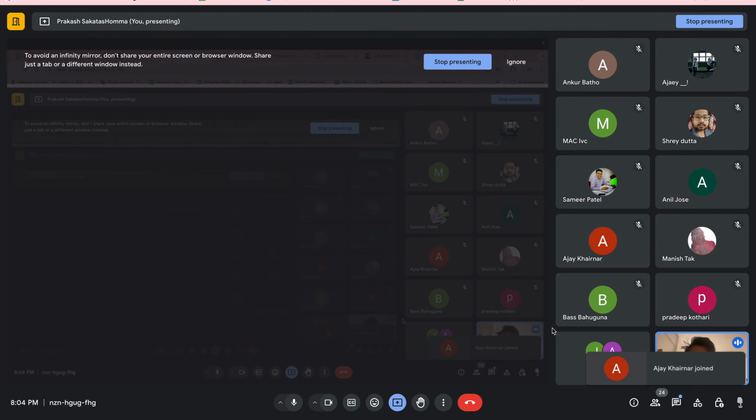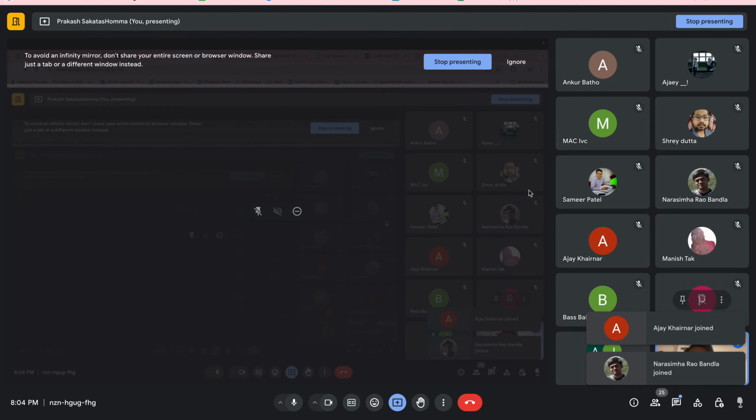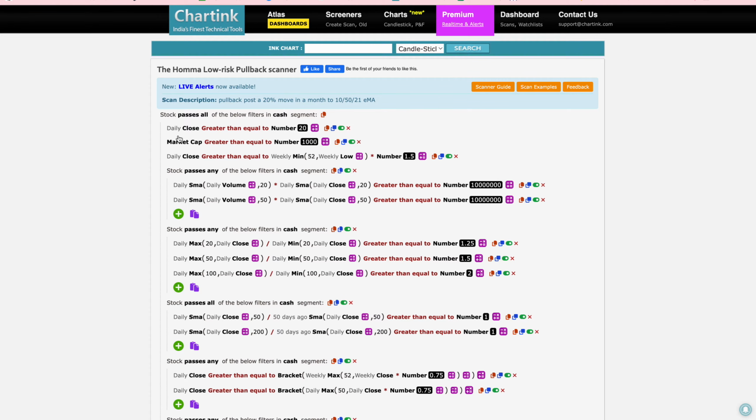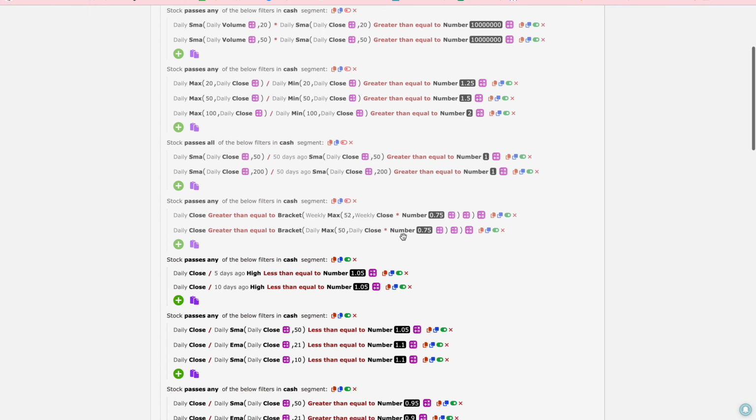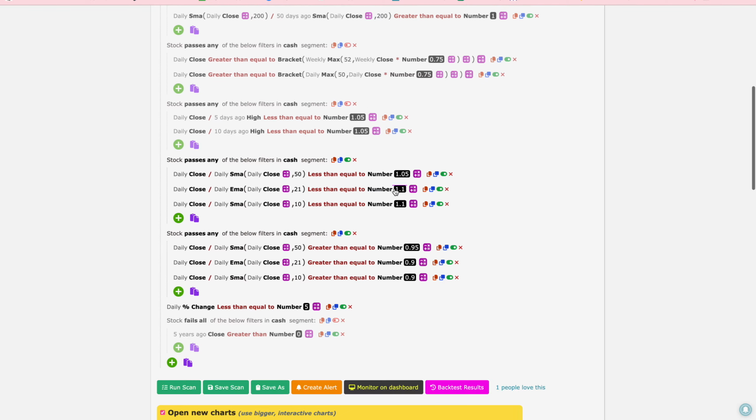Now, having said that, let's understand what I have coded in the scanner. What you can do is switch it on and off.